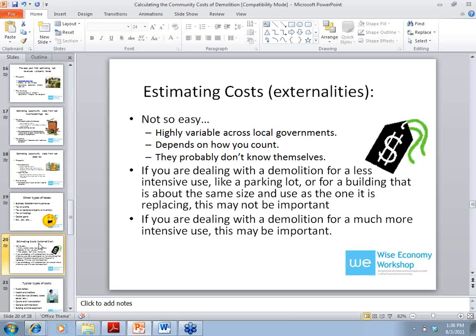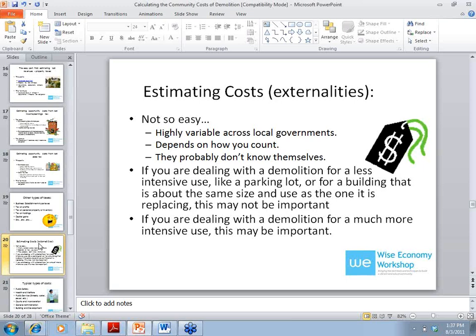If you can show your local elected officials the potential to make more money from an existing building versus a parking lot, or a rehabbed building that has a high assessed value versus a chopped up, poor quality building, that's going to carry a lot more weight.